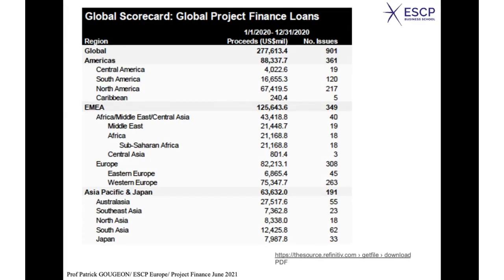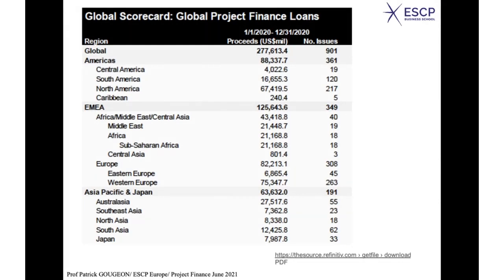If you look at EMEA, which includes Africa, the Middle East, and Central Asia, you see we have something like 43. Middle East and Africa are developing countries that desperately need new infrastructure, which explains why you have a rather high number here. Europe is a bit less. Why? Because in Europe we already have a lot of infrastructure, but again we use it more and more to finance power generation projects.